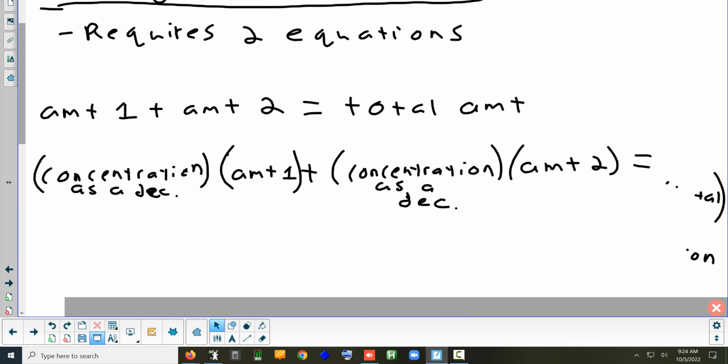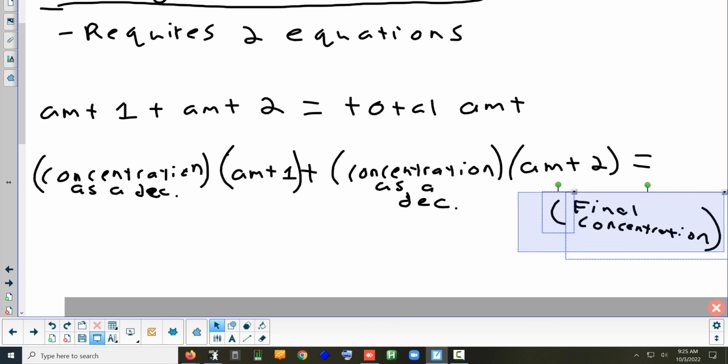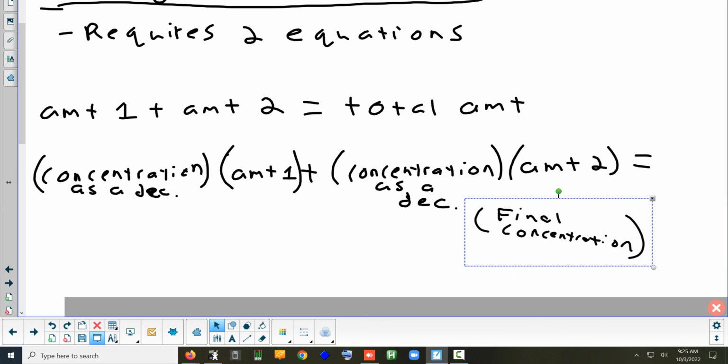And the third one, which I just ran out of space, is concentration, I'll put it like this, final concentration times final amount. So they're all concentration times amount.